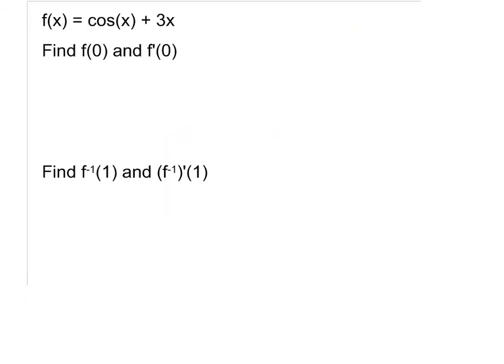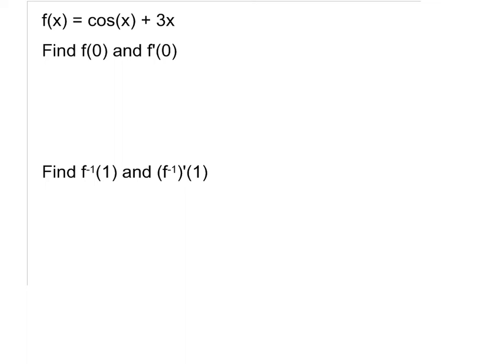A slightly different take on it, but still a similar idea, is here our function is cosine x plus 3x. Again, a function for which it'd be difficult to find the inverse, but because the slope of an inverse is the reciprocal of the slope of a function, we don't need the inverse to talk about the slope of the inverse.